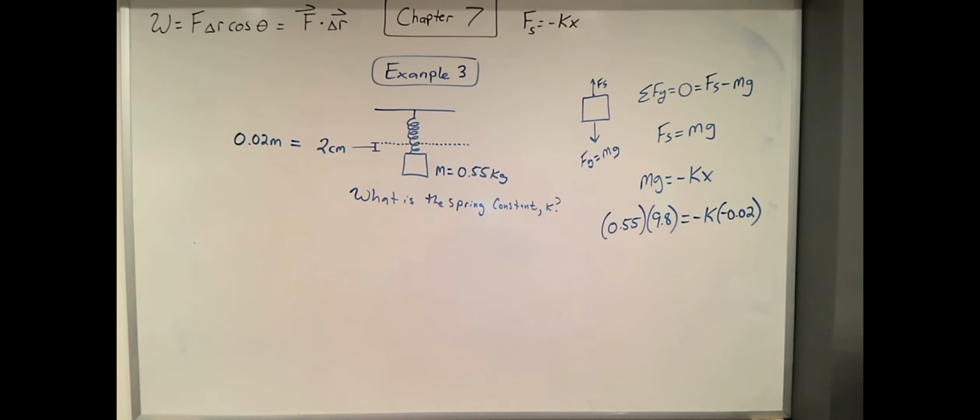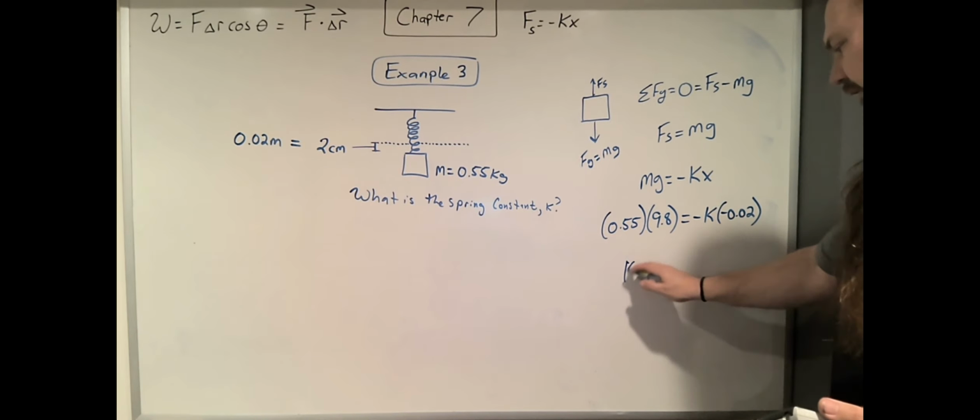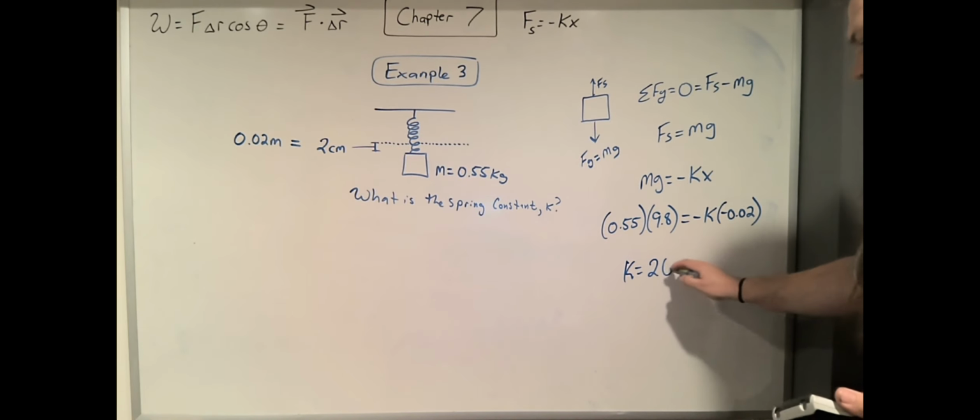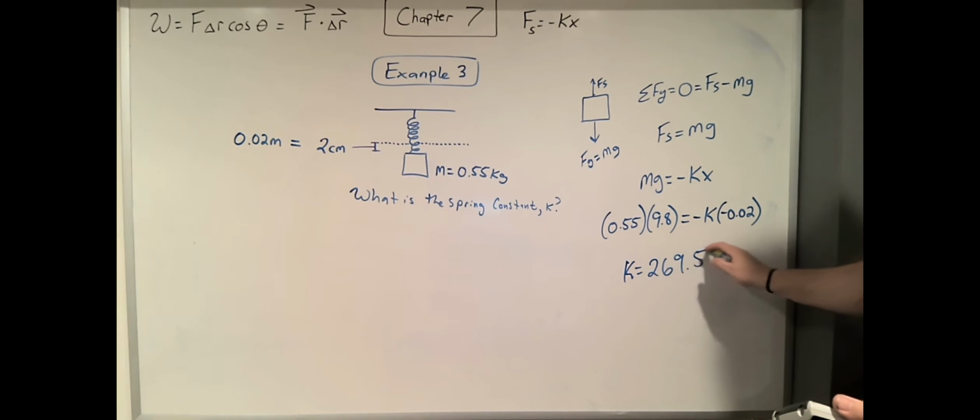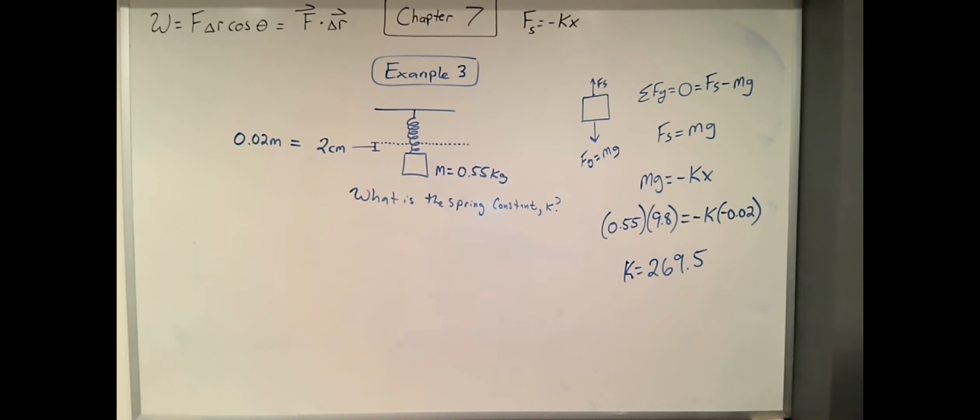All right, now what happens when I plug that into my calculator here? I didn't do this one out ahead of time, so let's do it together. 0.55 times 9.8. We're going to move that, we'll cancel out the negatives, and then we'll move the 0.02 to the other side. We'll divide it over, and we're going to get a K constant of 269.5. Okay.